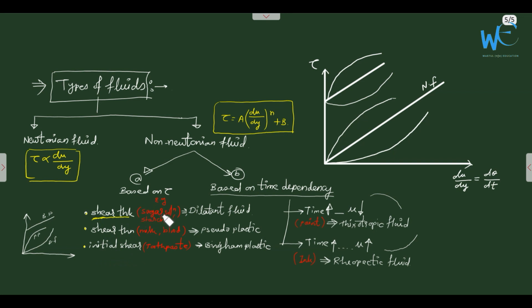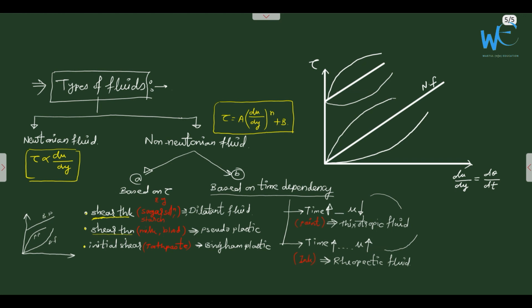For shear thickening, just remember the direct example. The example is sugar solution, okay, and starch. If you just imagine a glass of sugar solution in your hand and stir it with the other hand, then as you keep stirring, it becomes more thickened compared to before, but not the same in shear thinning.